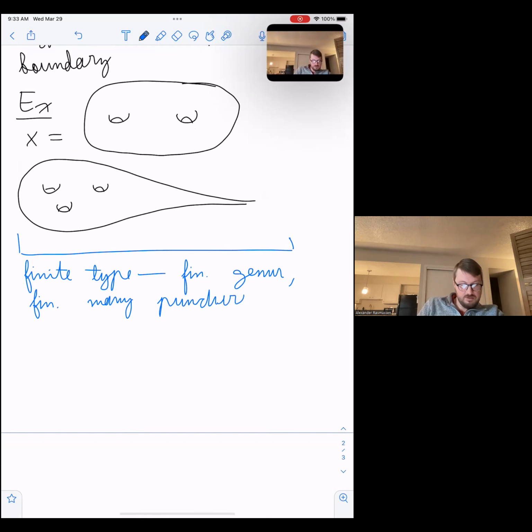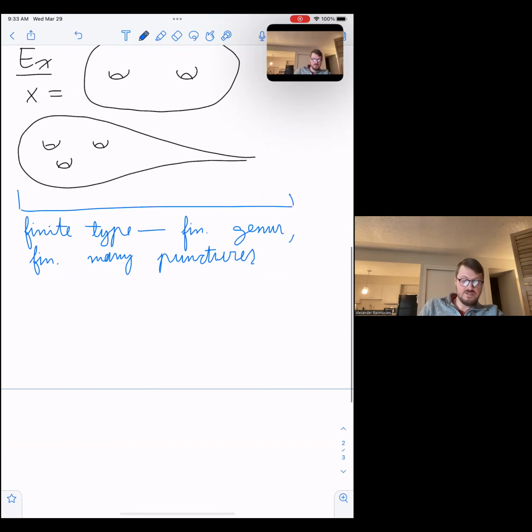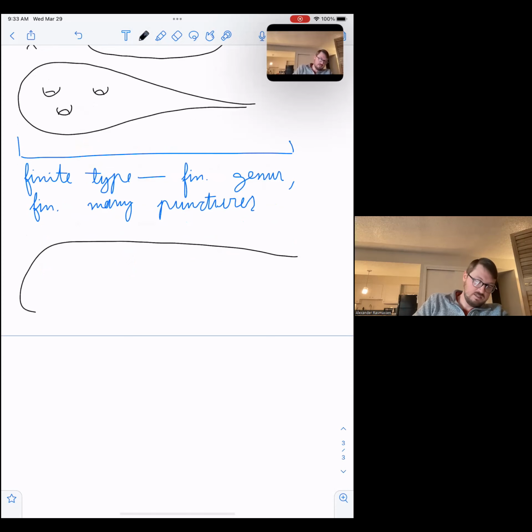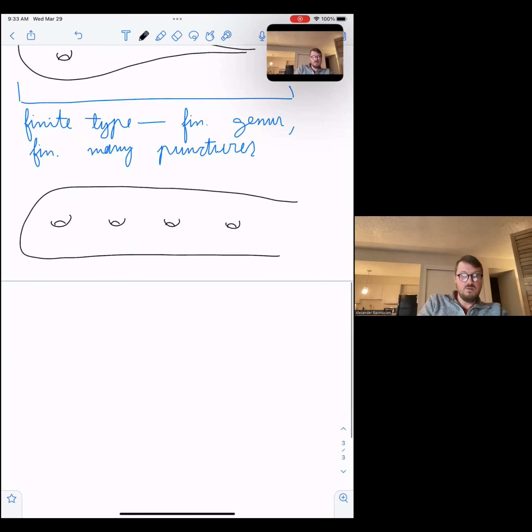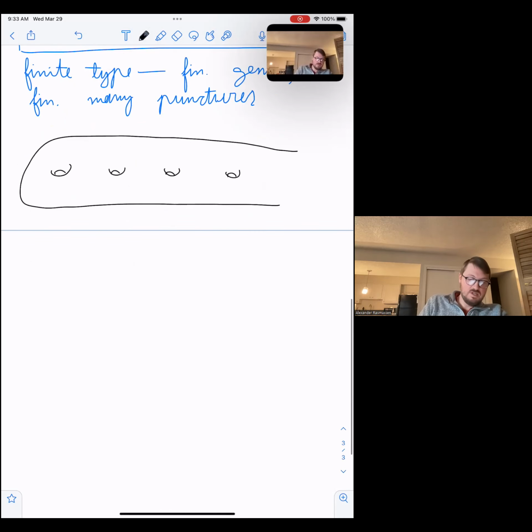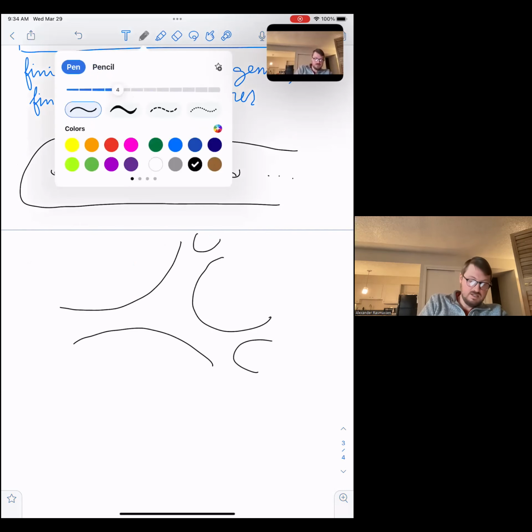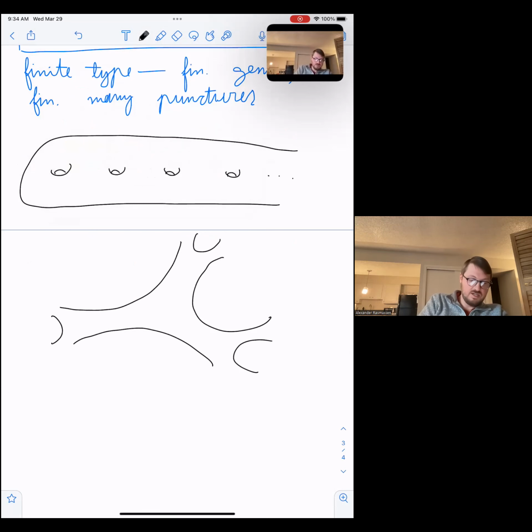But we're not going to restrict ourselves to studying finite type surfaces today. So we'll also look at surfaces like this, for instance. This is an infinite genus surface with a single end, or maybe a surface like this, which you can obtain by gluing together infinitely many copies of hyperbolic pairs of pants.